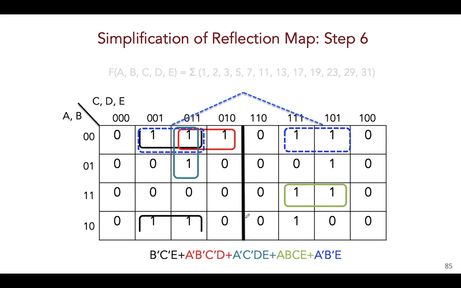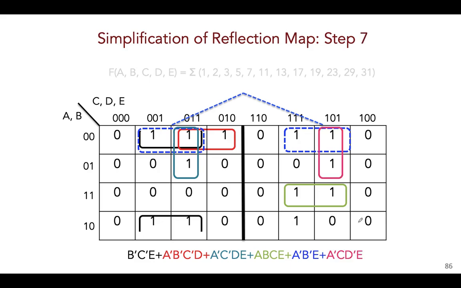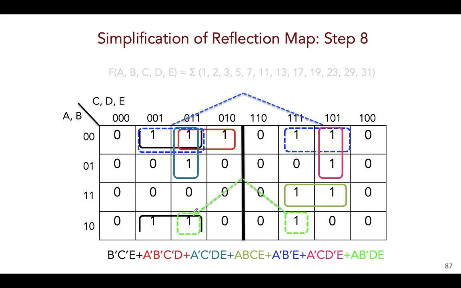So this is the mirror. We can start making groups across the mirror and then give names to these groups as well. And the idea is to cover all the ones. And then we have another group. This is just from the right hand side of the K-map. And then we have another group which is formed by combining the ones from 2 different sides of this K-map.